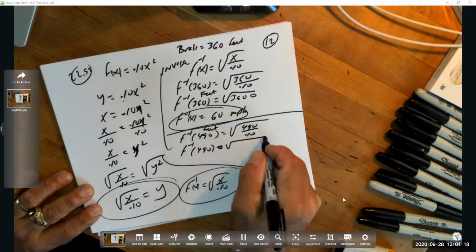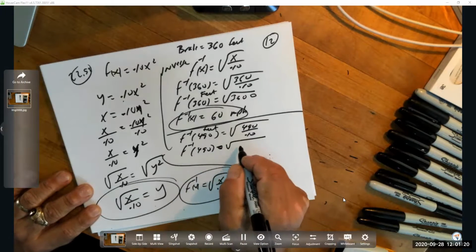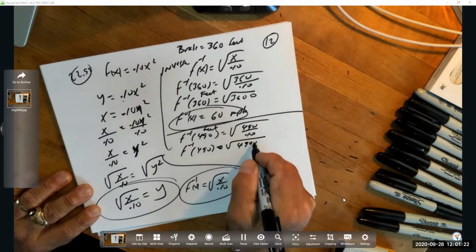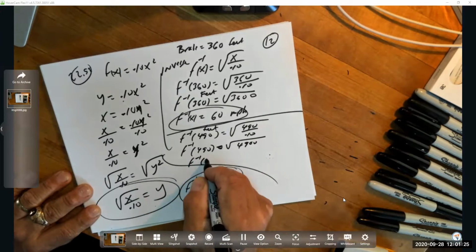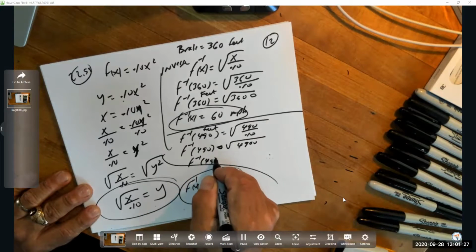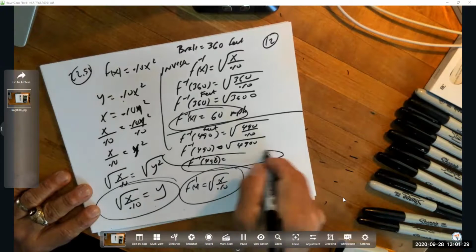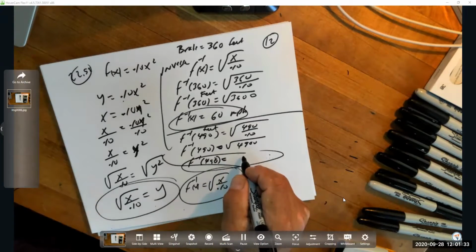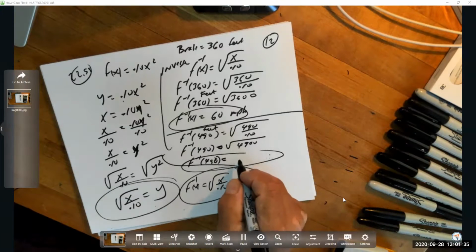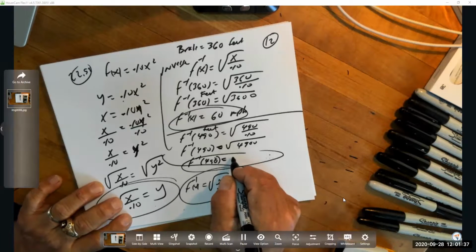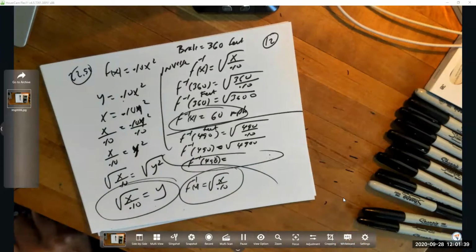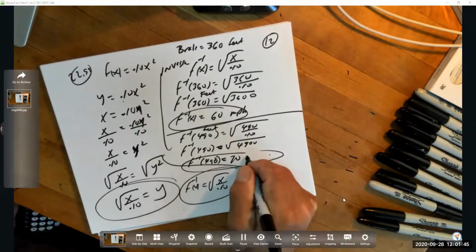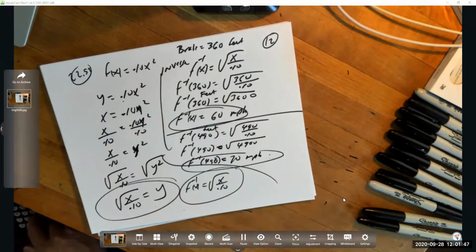Do it in the calculator. 4900, and the square root of 4900, what is that going to be? What'd you get? 70? Yes, it's 70 miles per hour.